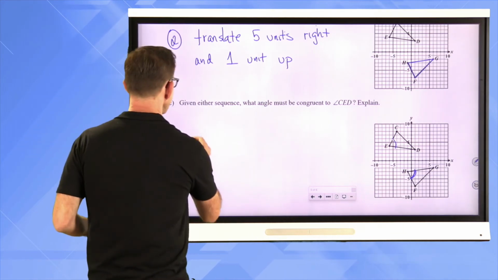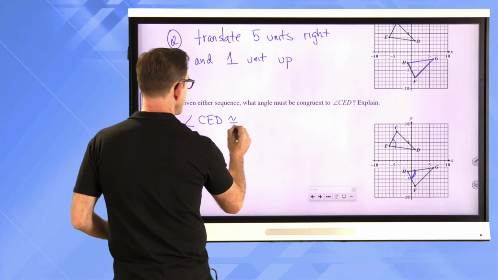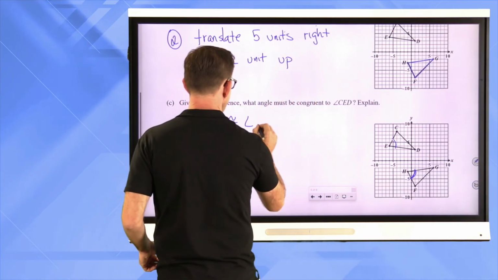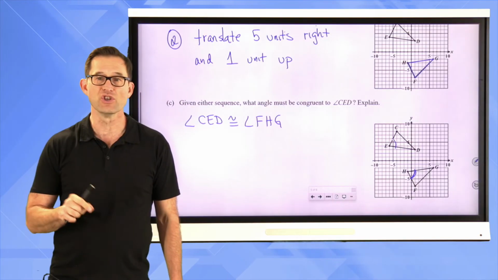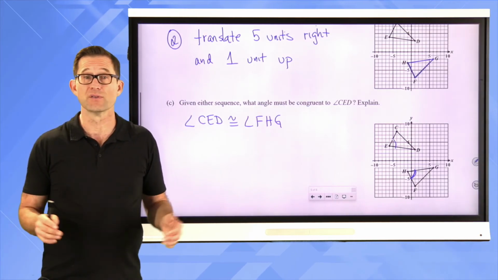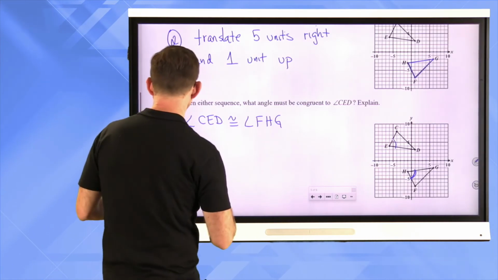So first thing I'm going to say is angle CED will end up being congruent to angle FHG or angle GHF. It really doesn't matter whether you say FHG or GHF. Or you could even say angle H, because we can use it in this situation. Now, why is that? Real simple.